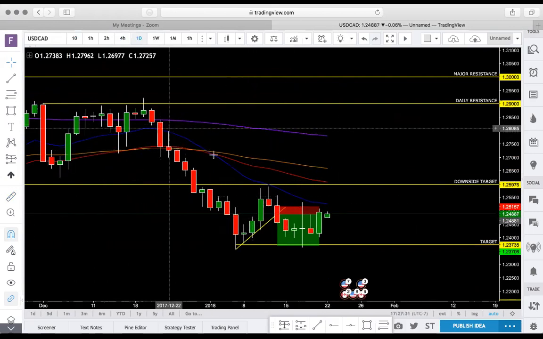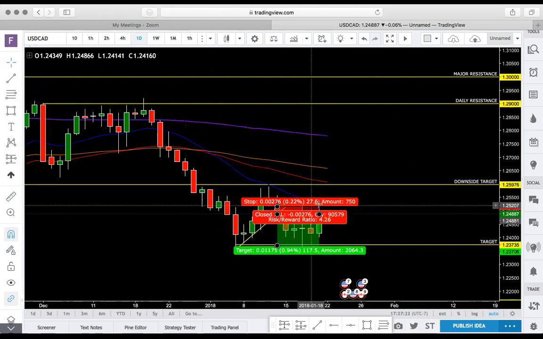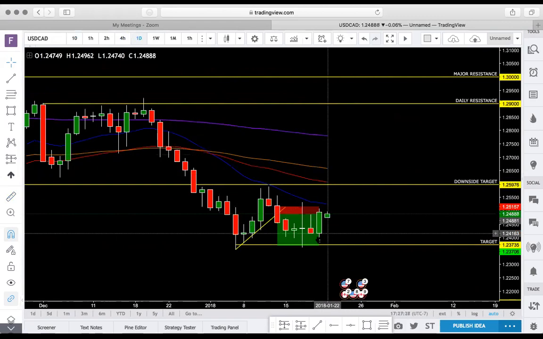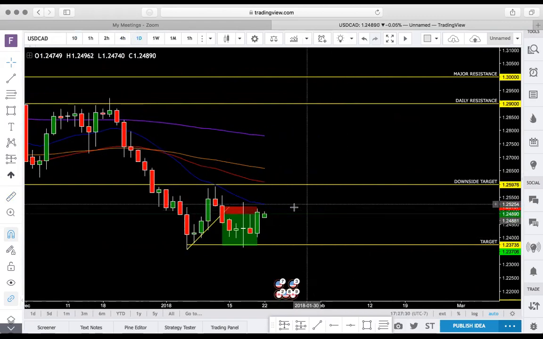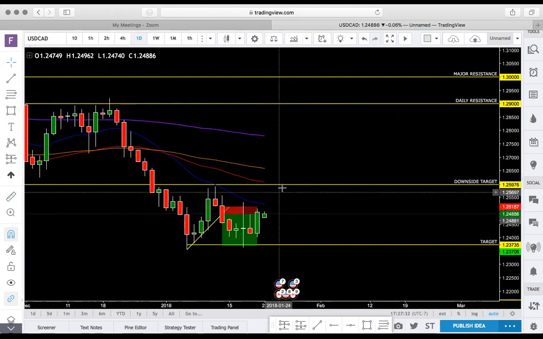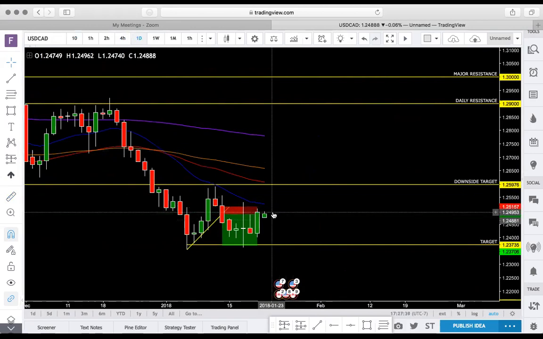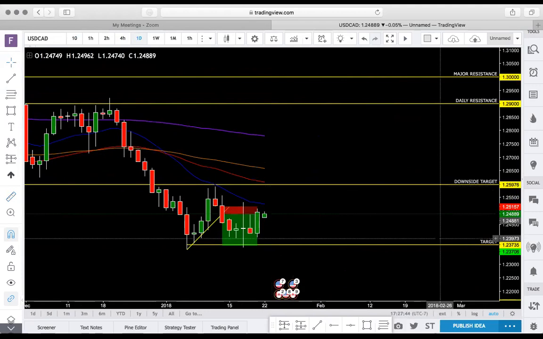As long as price stays below the 20, though, I still see this as being bearish, but this is a bullish sign here on that candle. So who knows? Maybe dollar CAD wants to go up towards this area up here at 125.9, maybe call it 126 even number. So that'd be about a 100 pip move.